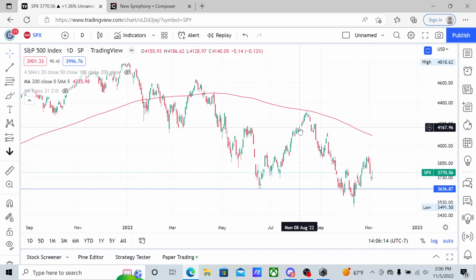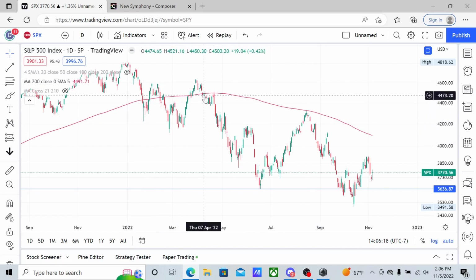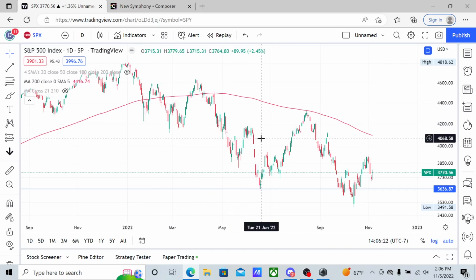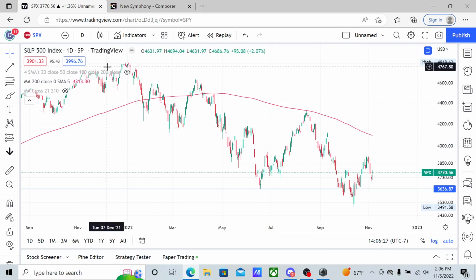What's interesting is once we're in this declining period under the 200-day, other sectors of the market tend to suffer more than the S&P 500 or the Dow Jones Industrial Average.